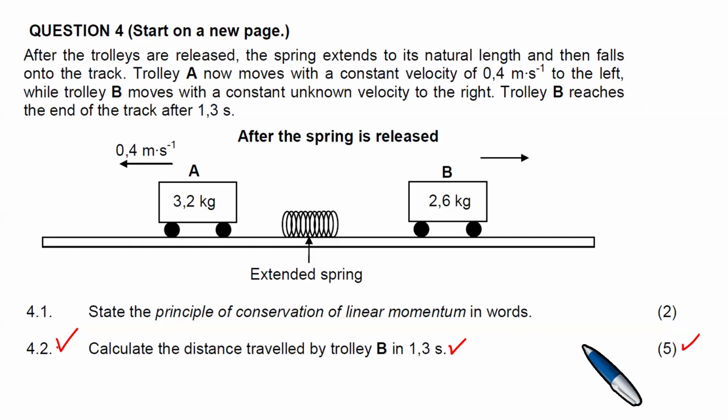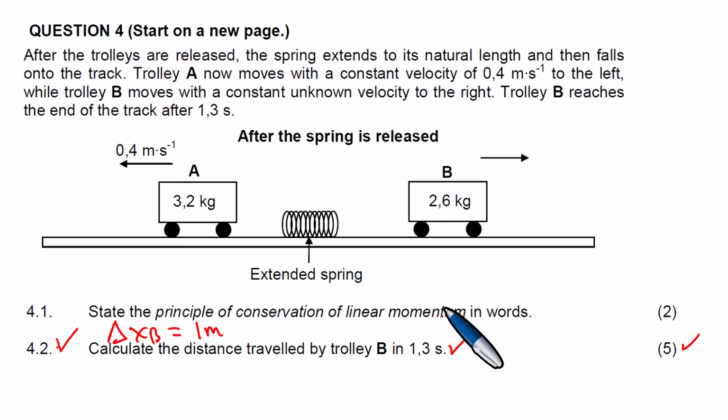Let us know when you're done. All right, that's fine. It's just about 1 meter. So Nemo thinks that the distance traveled by trolley B is actually just 1 meter. That is what Neo suggests.